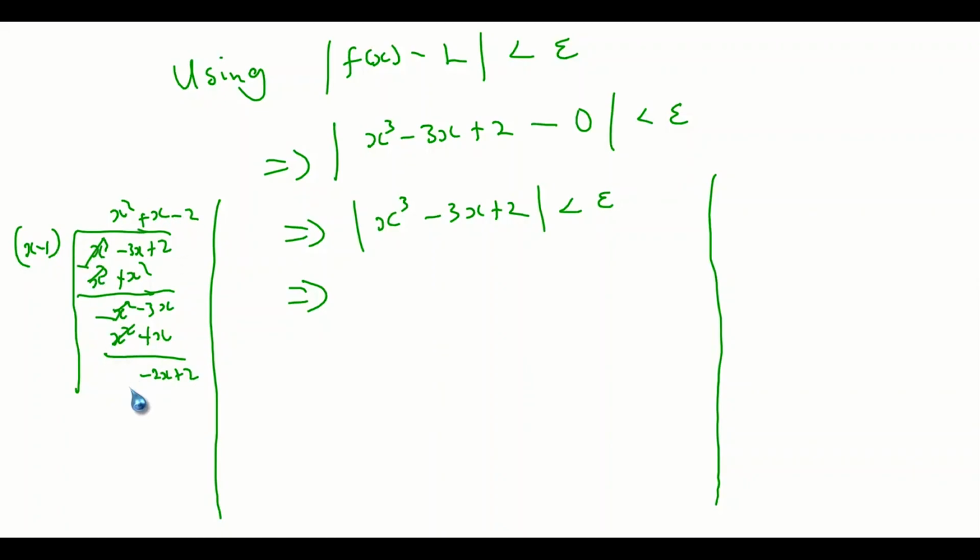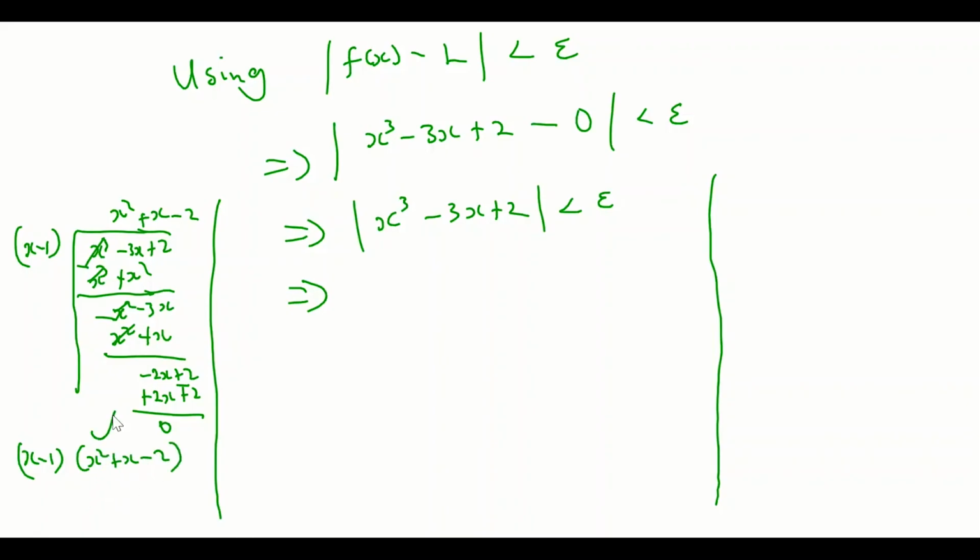Minus 2 times x will be minus 2x. Minus 2 times minus 1 will be plus 2. So if we subtract, this will become plus and this will be minus, so everything will be 0. That means we have x minus 1 into x squared plus x minus 2.